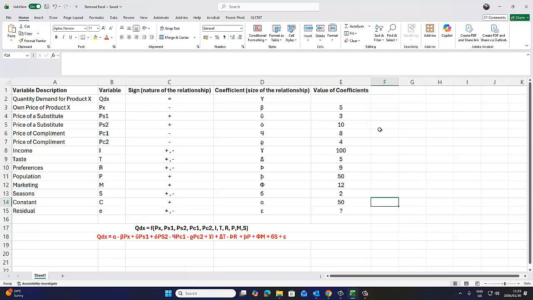Where do I get it? Thumbsuck. Absolutely thumbsuck. In reality, there are different ways to estimate these unknown parameters or coefficients. For now, we're just putting them down. So we're saying the price of product X is 5 Rand, the price of a substitute is 3 Rand, the price of a second substitute is 10 Rand, the price of the complement is 8 Rand, the price of the second complement is 4 Rand, the income of this person is 100 Rand.